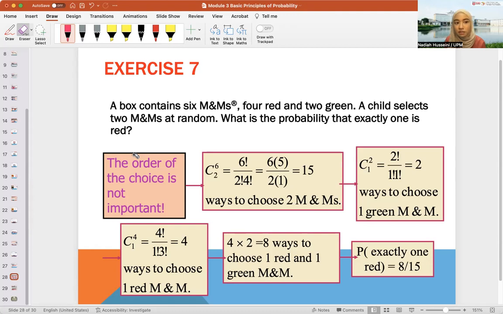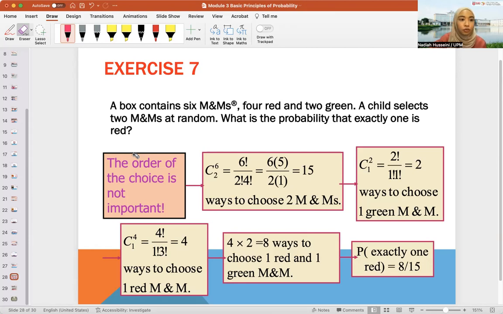Do we have stages here? Do we have stages whereby the child has to select the first one and then the second one? No. If we don't have stages, it means that we don't have order. Here the child is selecting 2 at once, so there's no order.